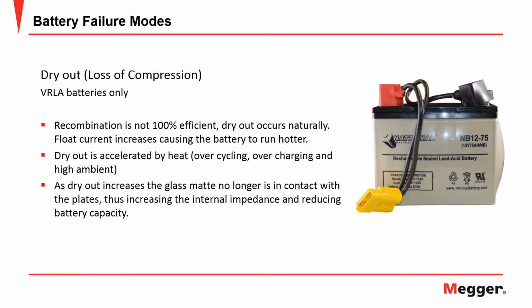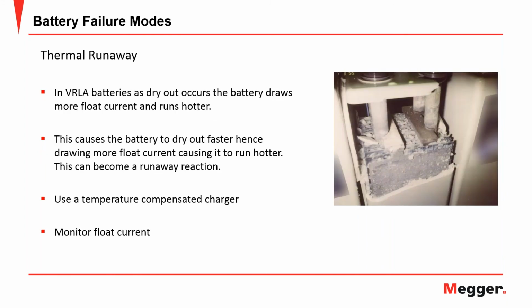Now, as they dry out, let's think about this. They're going to draw more float current, which means they're going to run hotter, which means they're going to dry out faster, which means they're going to draw more float current, which means they're going to run hotter and dry.